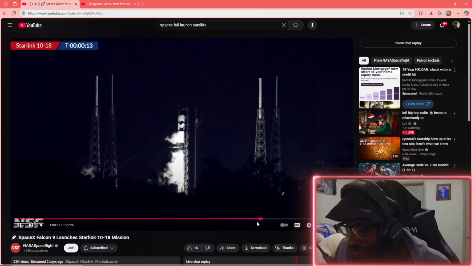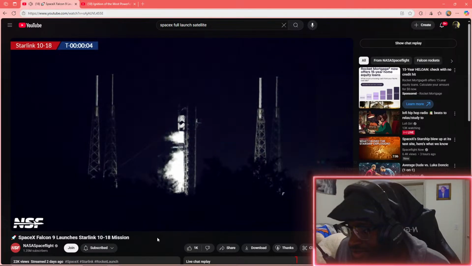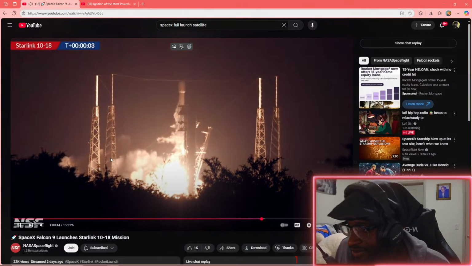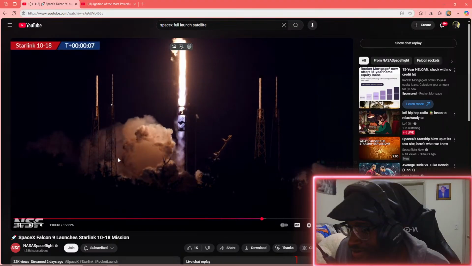Coming up now on 15 seconds to go. Under 10 seconds now. We have liftoff. Rainbirds should be activating at this point, providing a deluge of water underneath the vehicle. You will then see the steam there from the engine ignition. And liftoff of Falcon 9, Go Starlink V2 Minis go.